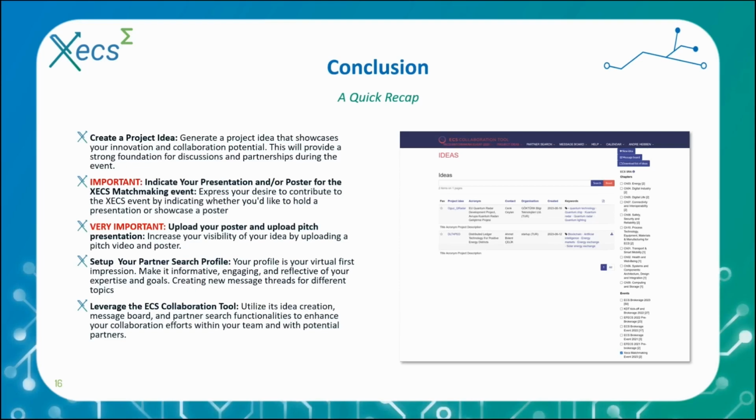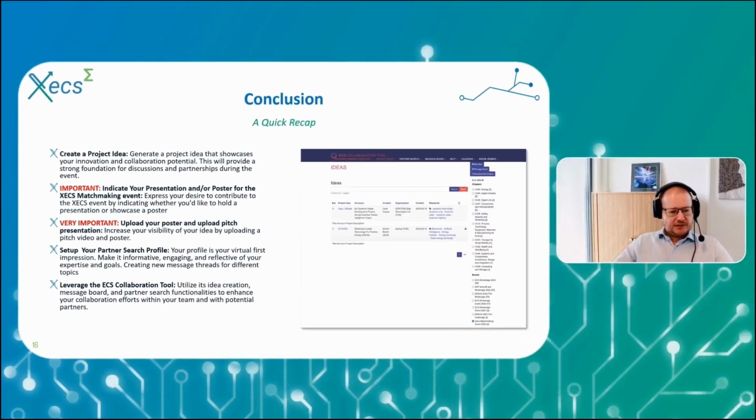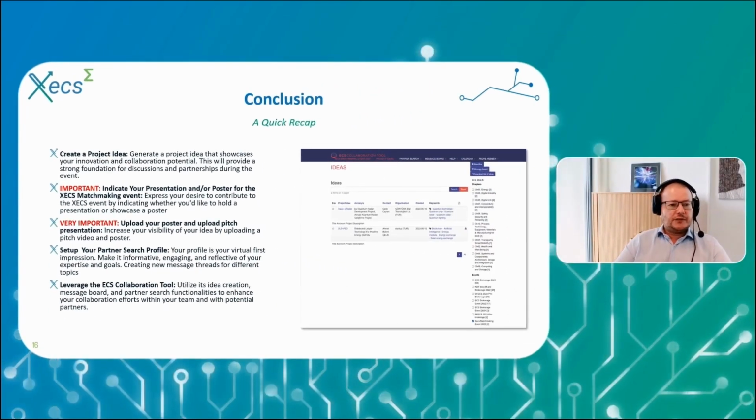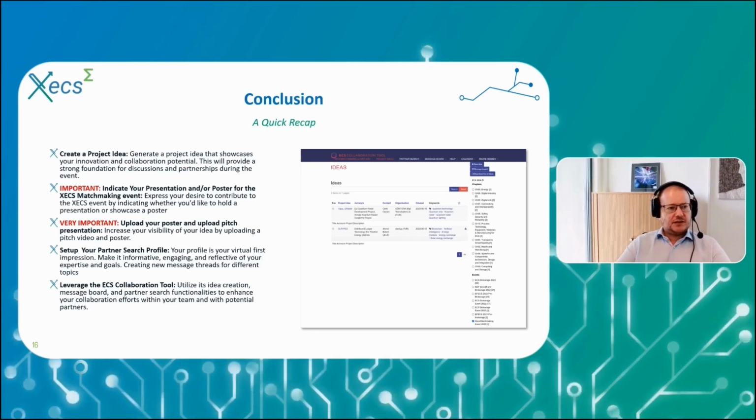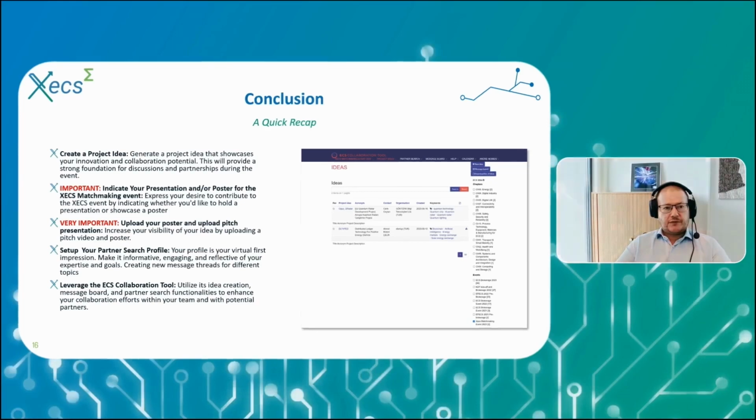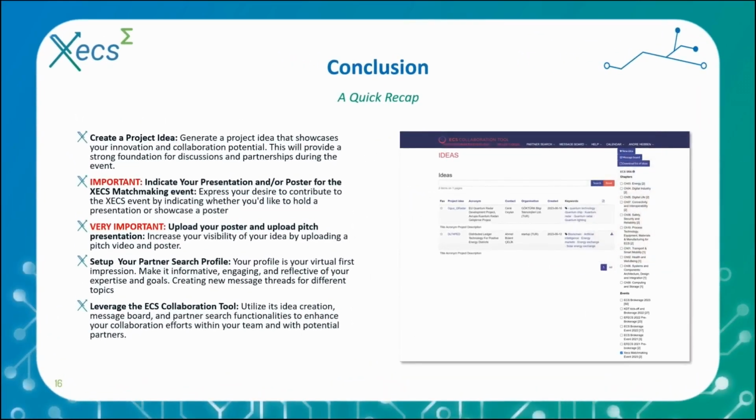Yeah, so a quick recap. The tool is available not only for the XECS event, but also for other calls or for other consortia building. To create your project idea, we've concluded on how to enter it. A very important step not to forget is to indicate that you have a poster or a pitch and that your project idea is part of the XECS Matchmaking Event.